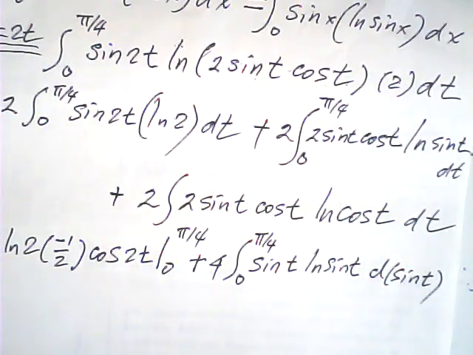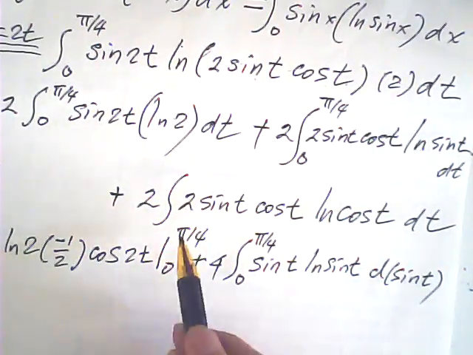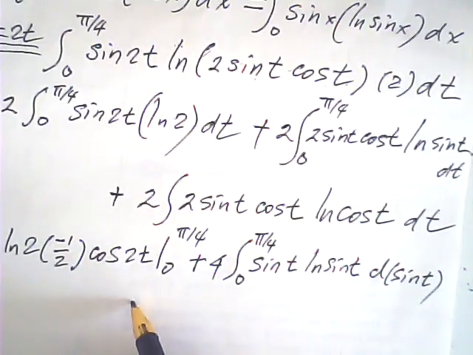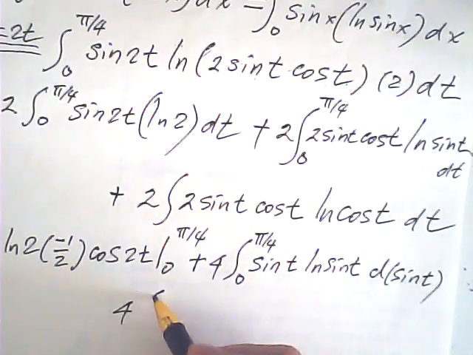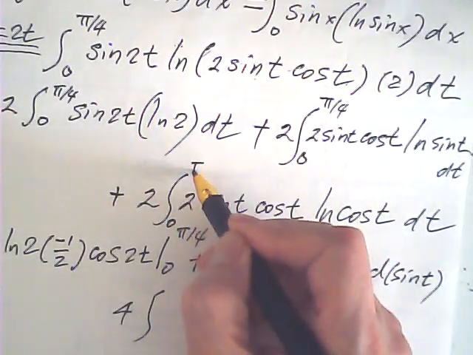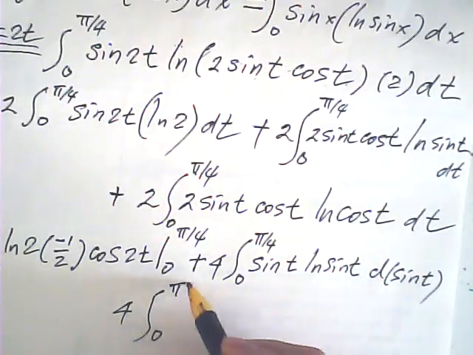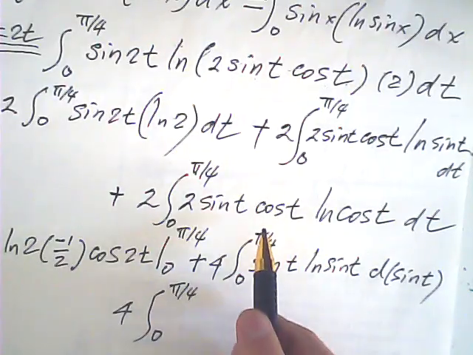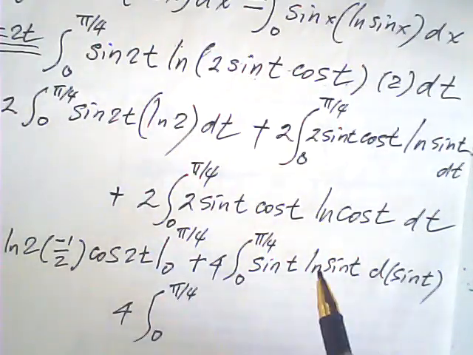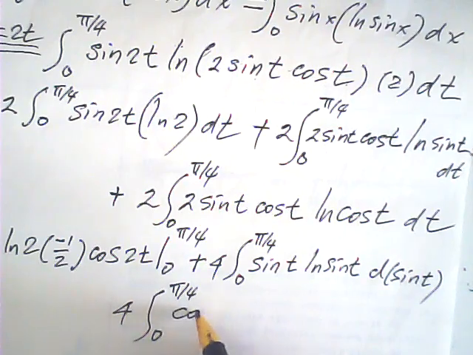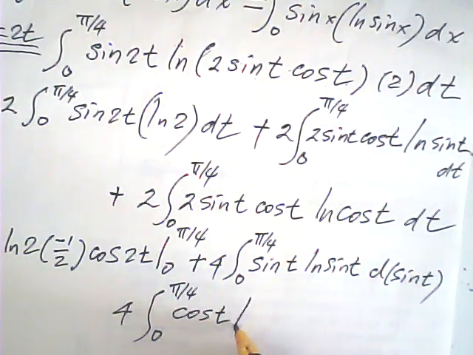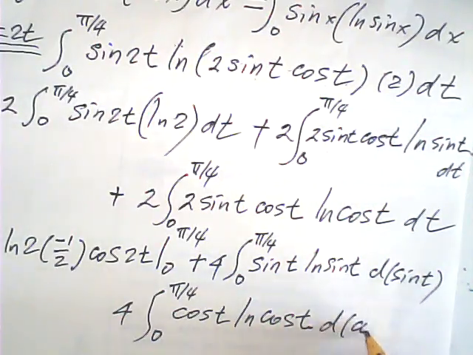Wow, it's good. Now the next one is 2, no, 4. 2 times 2 is 4, right? From 0 to quarter pi. Sine, cosine, cosine. It could become cosine t log cosine t and a d cosine t, which is negative.